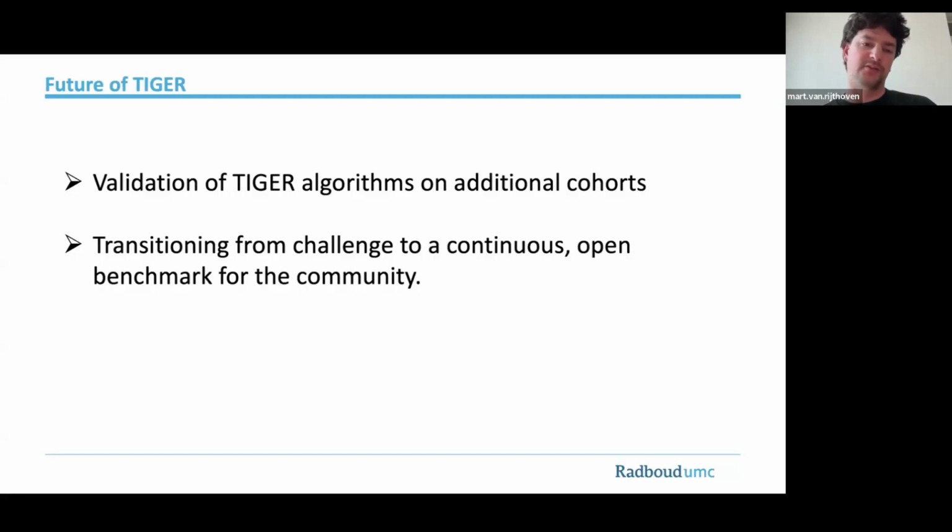We are also planning to open it in a way that it's comparable to the challenge results, but also partly to the results that we are going to present in the paper, probably for the TNBC cohorts where it really worked well, but we're going to discuss that further soon.